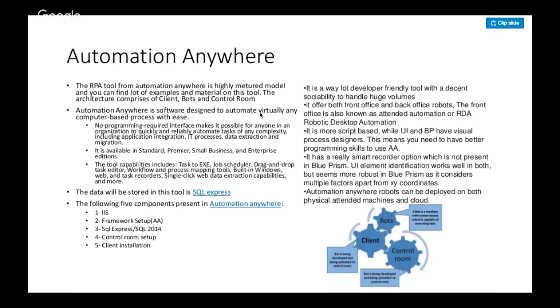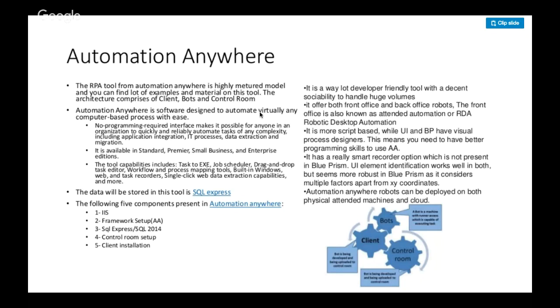The good thing about Automation Anywhere is that it has a recorder tool, a web recorder as well as a UI recorder. That makes it one of the most attractive tools, along with UiPath. The only difference is that it's a little bit dated technology.